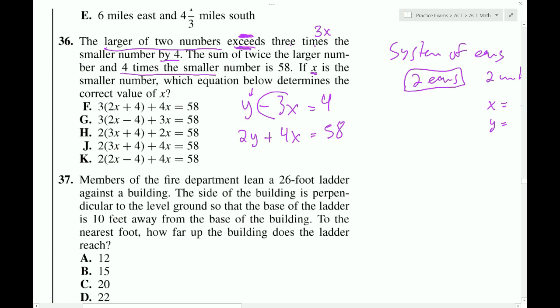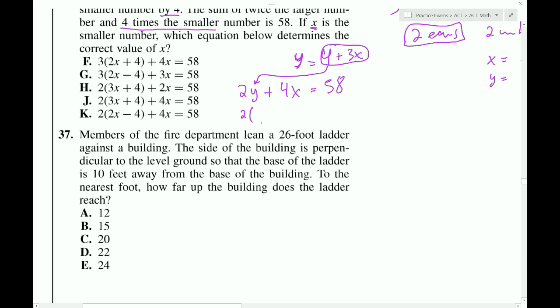We simply have to take this 3x and move it to the other side of the equals, making it a plus 3x, and that gets rid of this. So we get y equals 4 plus 3x. Then we can plug this in where we see y, so we get 2 times quantity 4 plus 3x, plus 4x, equals 58.